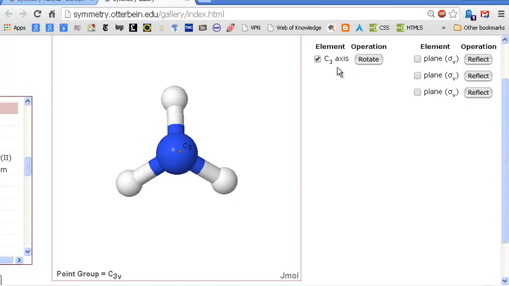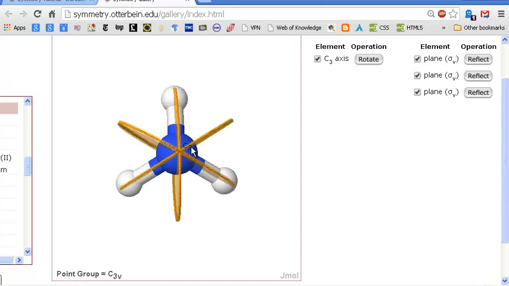So these C3 rotations are actually 2 of them. One is you rotate through 120 degrees, and the other is you start here and rotate through 240 degrees. Of course, if you rotate through 360 degrees, then that's the same as the identity operator. So there are 2 C3 axes. And then let's look at these planes here. Here are the sigma V planes.